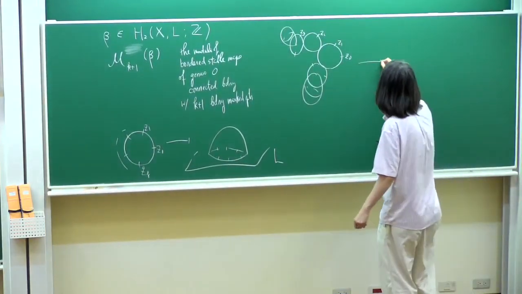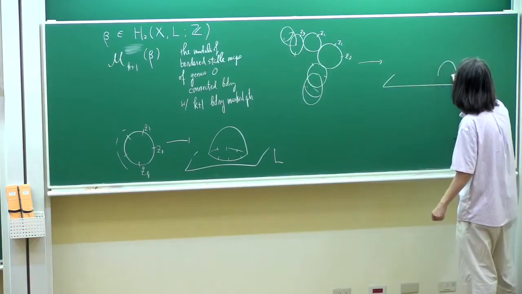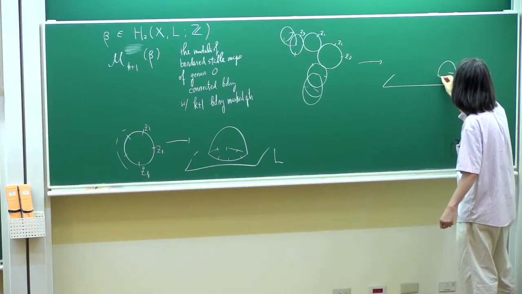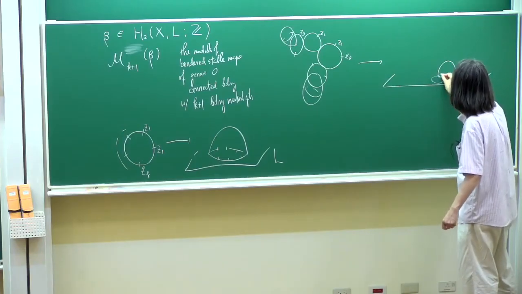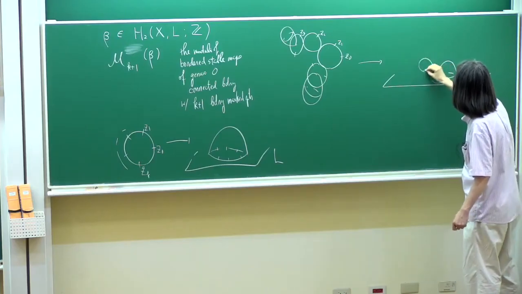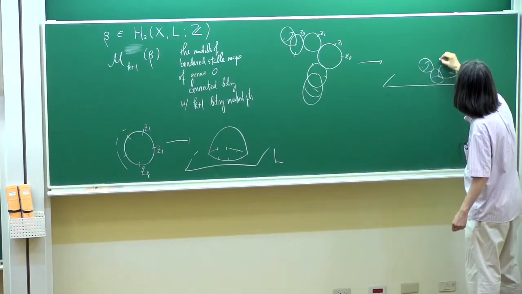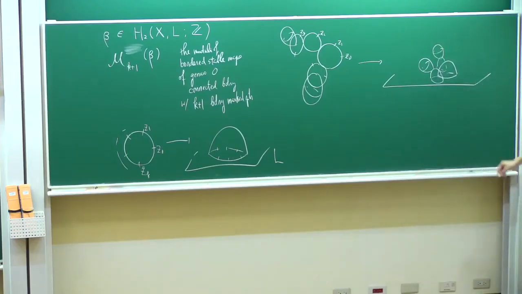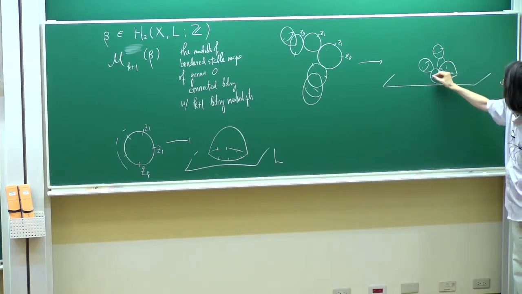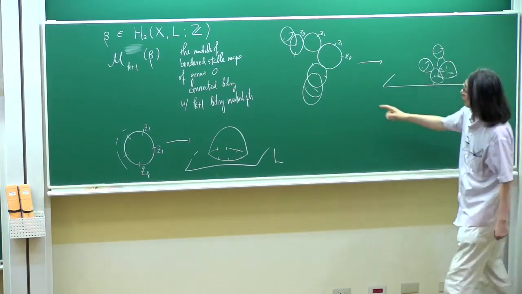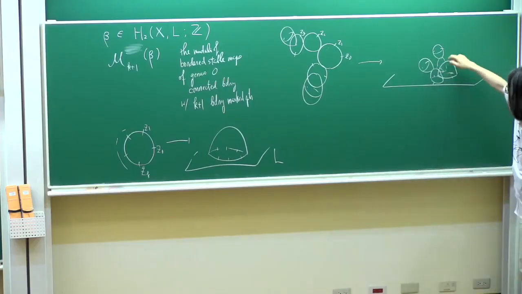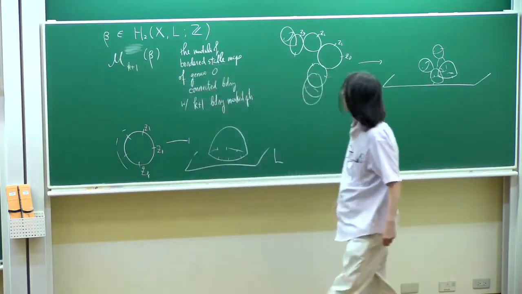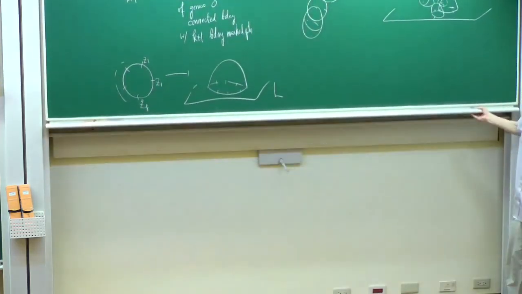And then this is mapped to, maybe I cannot draw so many things, but maybe here I have another disk, and maybe a sphere is attached here, or some other disk somewhere, and so on. Something like this, and then you have some marked points on the boundary of this. And then the total relative homology class is equal to beta. Okay, so you may consider such a thing.